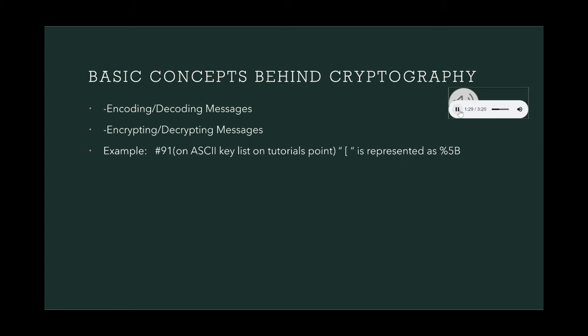So for example, number 91 on the ASCII key is the bracket, but is represented as %5b. ASCII keys are used to convert computer language into human text or vice versa. It also creates a universal language for all computers to communicate with.